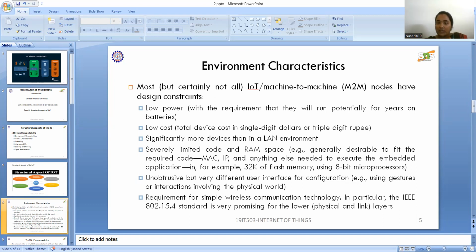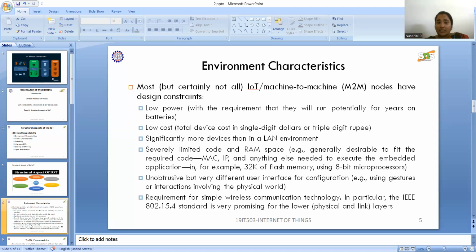Third, it consists of low cost, so we can easily afford it. Fourth, significantly more devices than in a LAN environment are being used here. Next is a severely limited code and RAM. RAM we are using much less. Then the required coding is MAC, IP, and anything else needed to execute in these embedded systems. It consists of 32-bit memory and an 8-bit microprocessor.